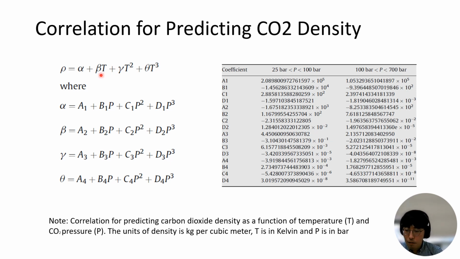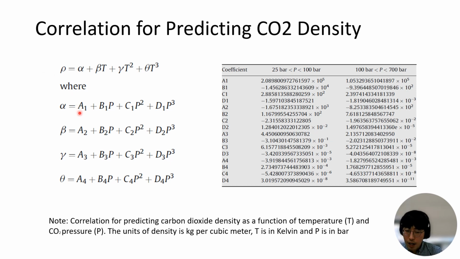And each coefficient is given here, and each variable is also a function of the pressure. So if we combine these two, then we will have a third order polynomial approximation of the density with respect to temperature and pressure.